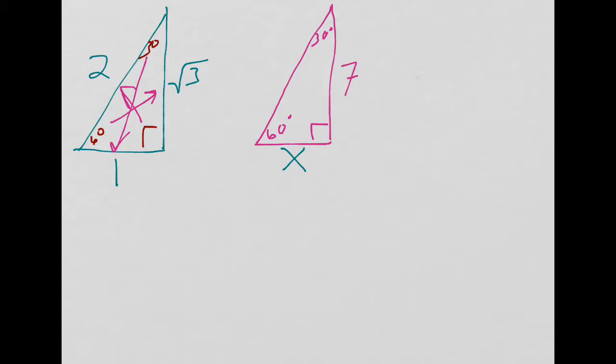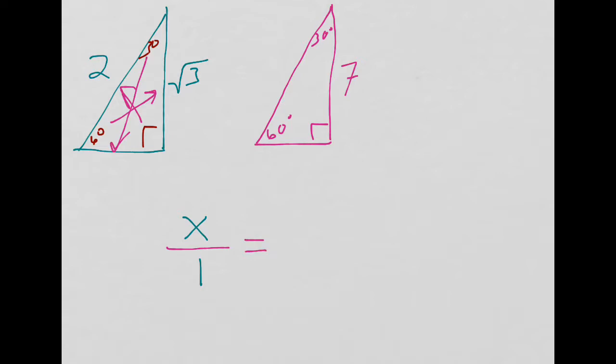Alright. So, you should have started with your x and put it over the corresponding side of your known triangle, x over 1, okay?